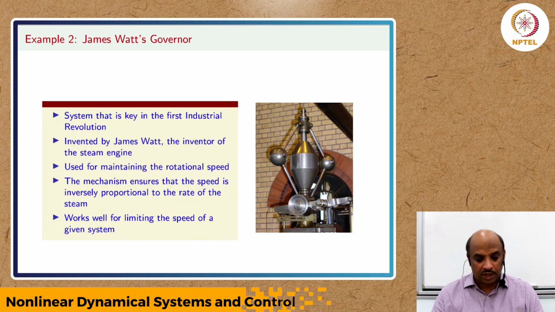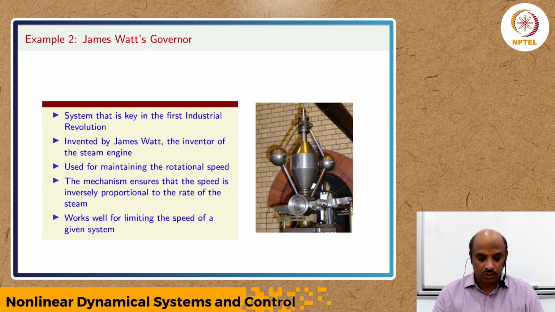There are two fly balls, as they are called, and whenever the system reaches a certain speed, the fly balls, more or less using the principle of conservation of momentum, go in and out with respect to the center.